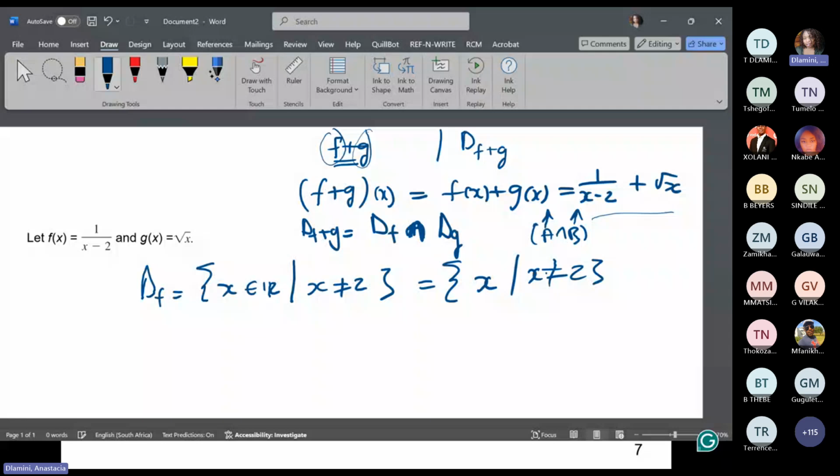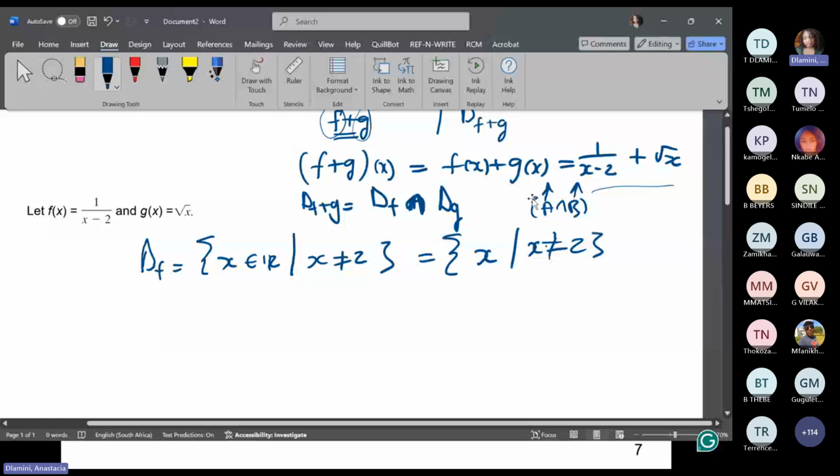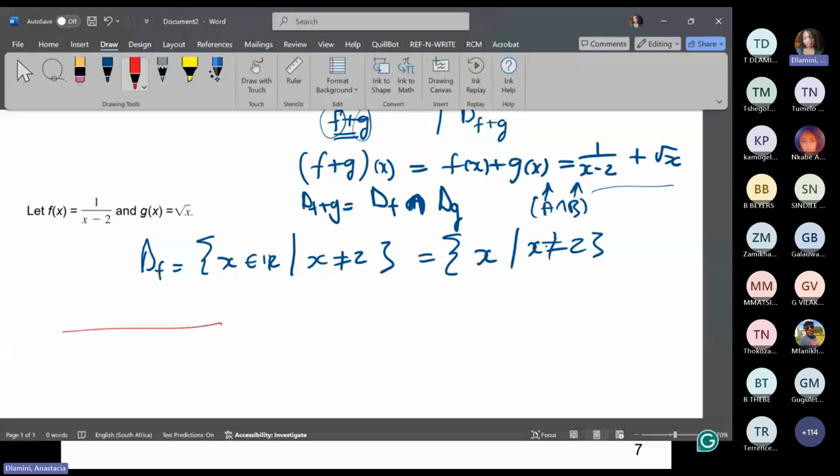But as I said to you, I want you to be able to write all notations, the interval notation as well as the set notation. The one you wrote is the set notation. Now I want you to write the interval notation. So how do we do that? If it's not clear to you, what you do is you draw a number line, as I said. 2 is not included, so 2 is here.